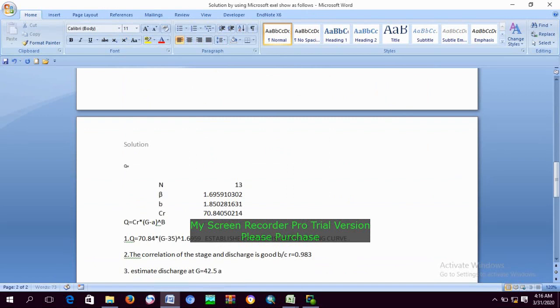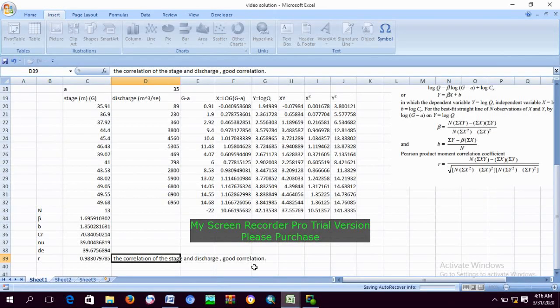At this point we can determine the discharge by using this relationship. So let us go to Excel.